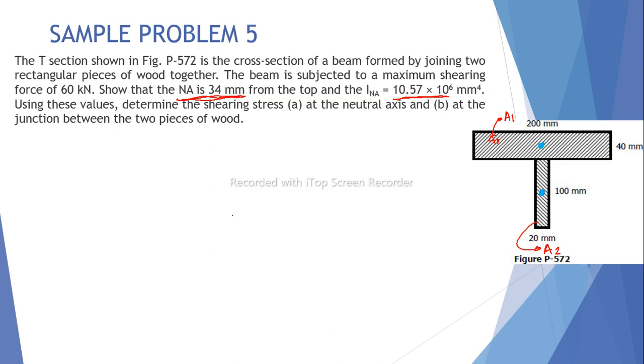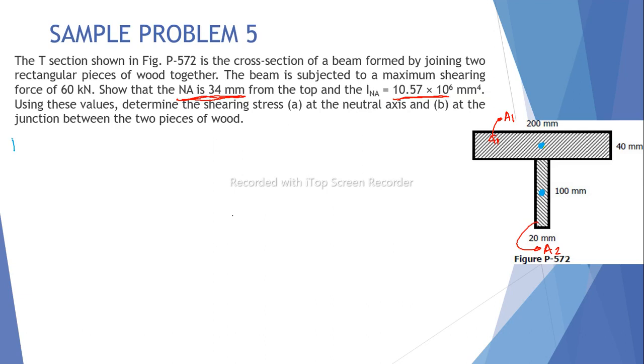Each of these two rectangular sections, the web and the flange, has its own neutral axis, which is also the centroid. What we need to do is determine the neutral axis of the whole section.